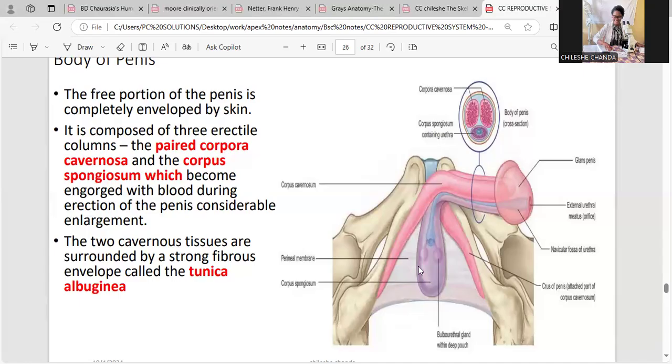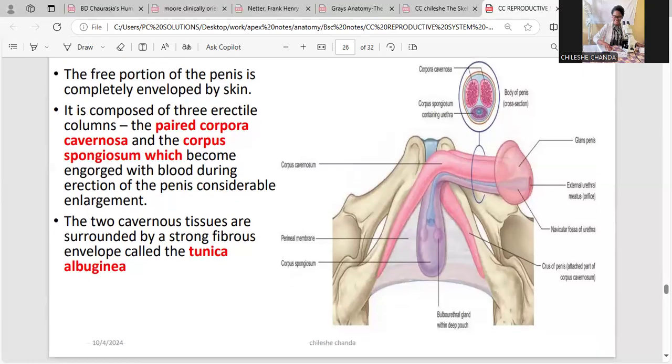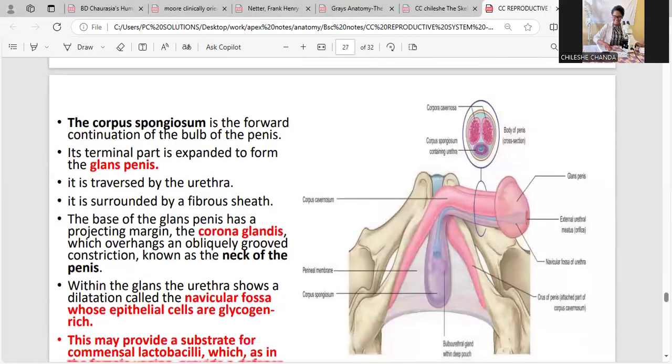The continuation of the bulb is known as the corpus spongiosum, and then we have these two cavernosa bodies, the corpus cavernosum. So we have two corpora cavernosa and one corpus spongiosum through which the urethra passes all the way up to the outside of the penis.